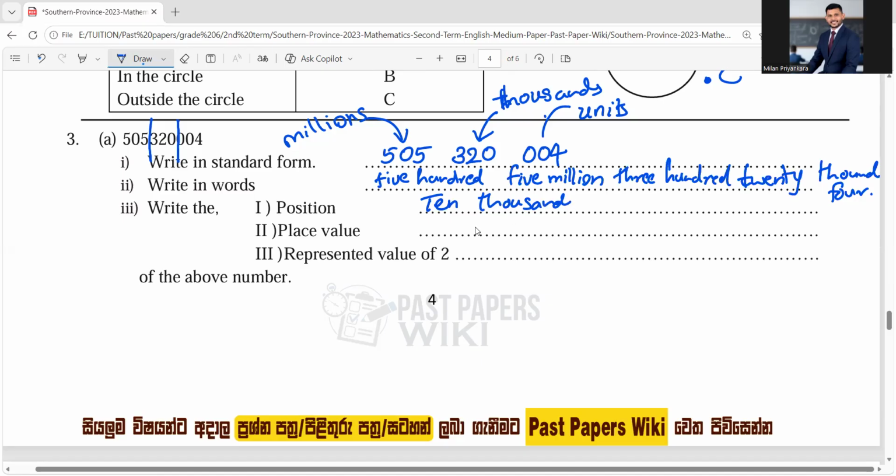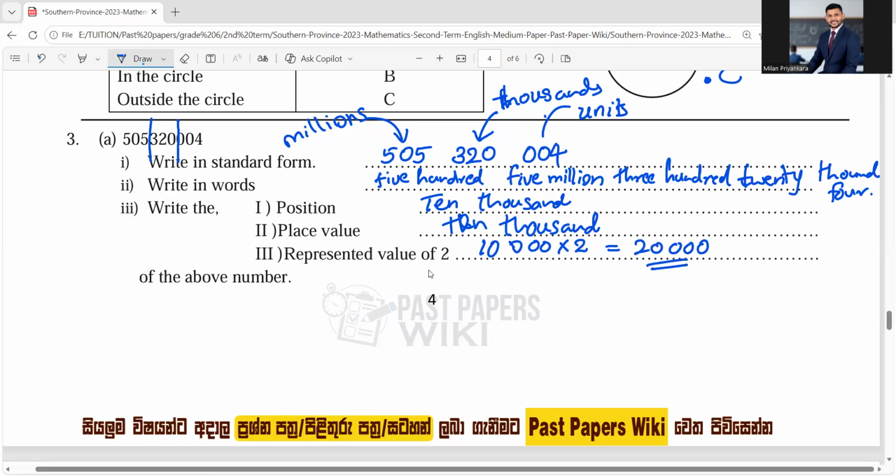Actually, this place value also, we have to write 10,000. Right? That is actually the same thing. Position and place value. Represented value of 2 means 10,000 multiplied by 2, which is equal to 20,000.